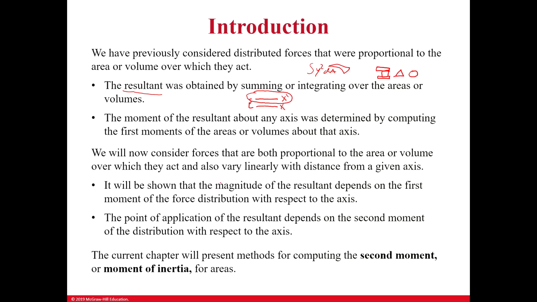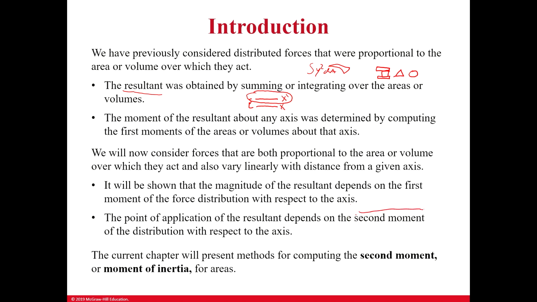Okay, so we want to understand how to get the magnitude of the resultant depending on the first moment of the force distribution with respect to an axis. All this that we're going to learn is really to know how to compute resultant forces with respect to an axis. And the point of application of our resultant depends on the second moment of the distribution with respect to the axis.